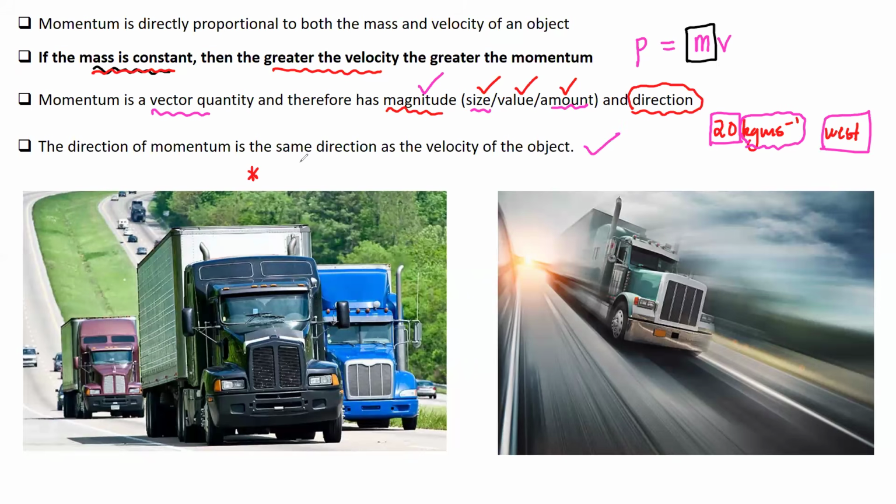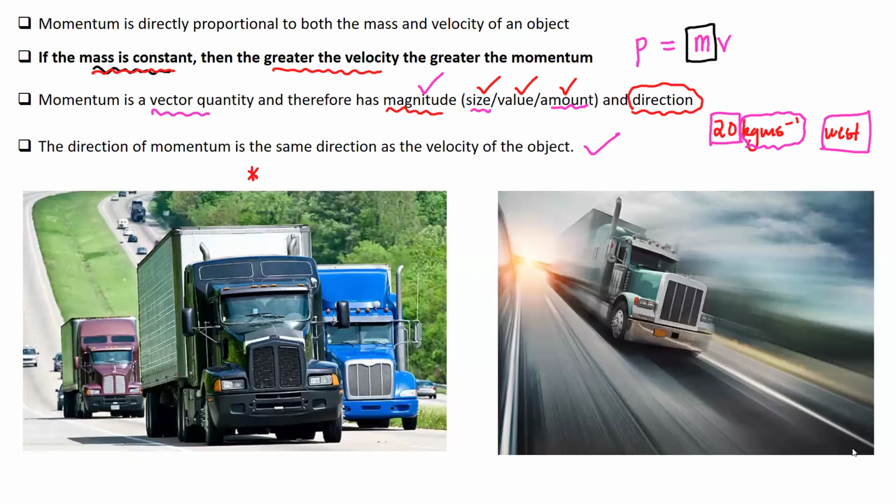So when I say 20 kilogram meters per second to the west, it also automatically means it is the same direction that the object is moving. It's moving to the west with a momentum of 20 kilogram meters per second. So those are the basics that we start with.